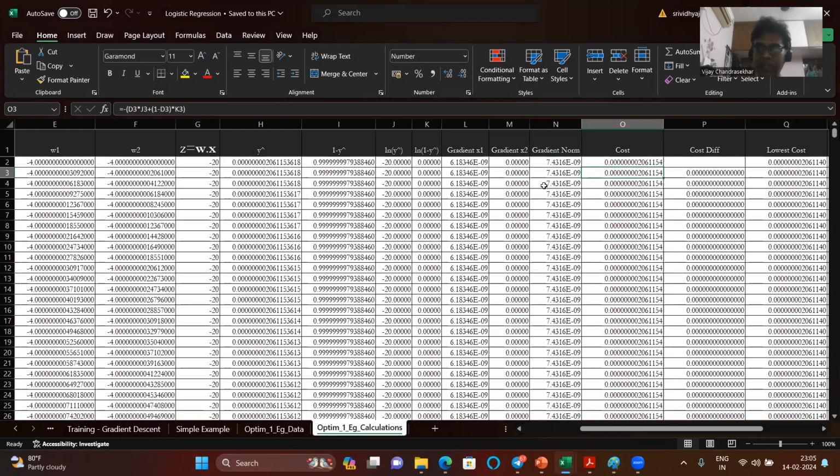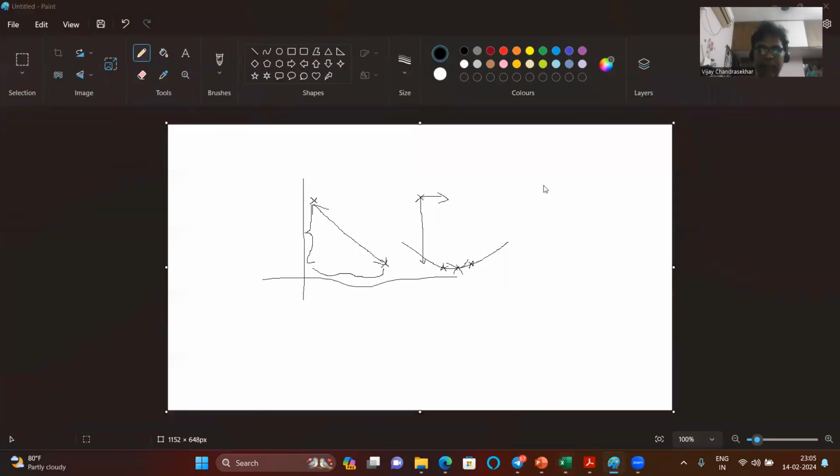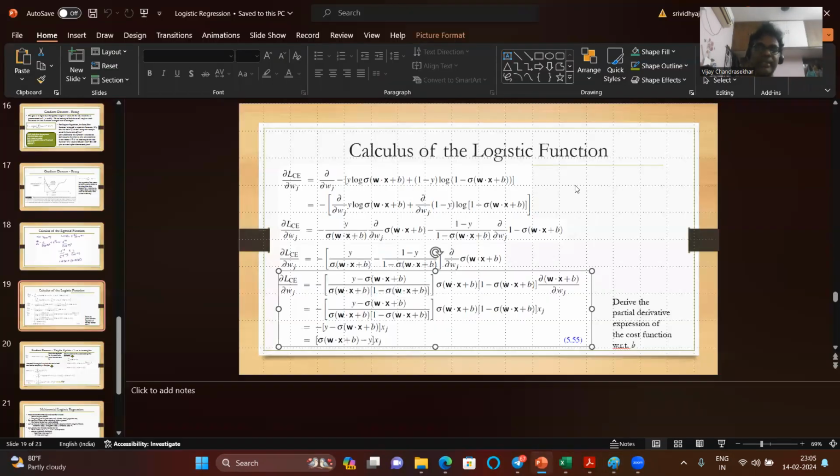So next thing is we determine the cost function. Now, can somebody just look at this and tell me what is a cost function? Express it in terms of y and y hat.